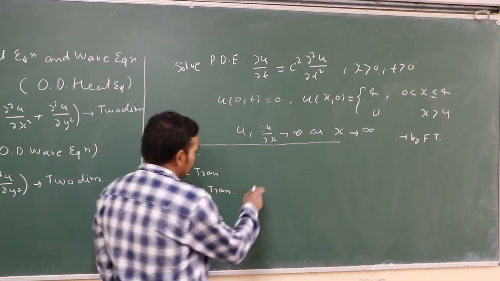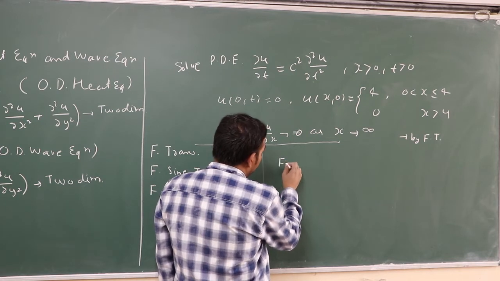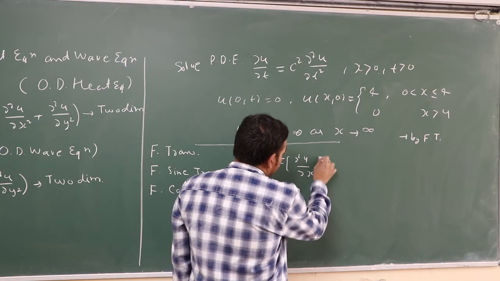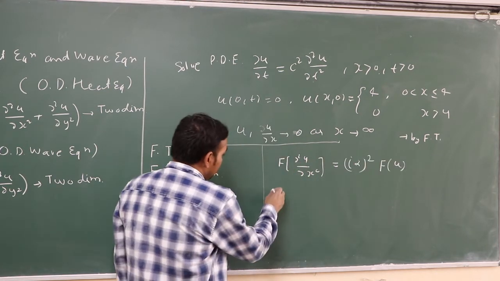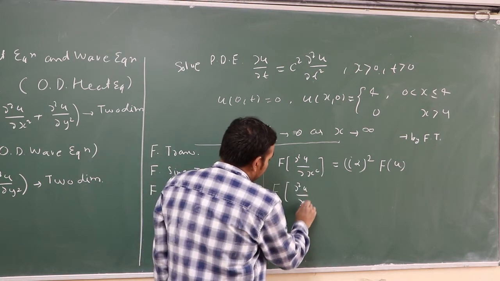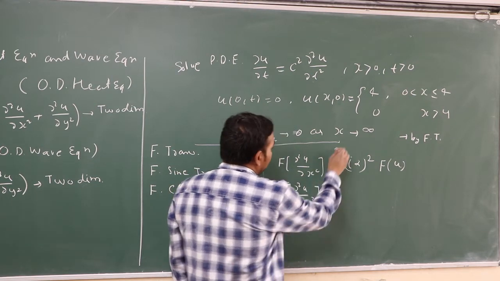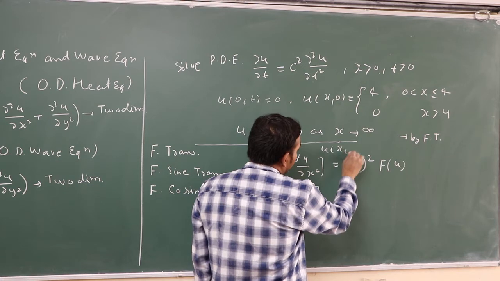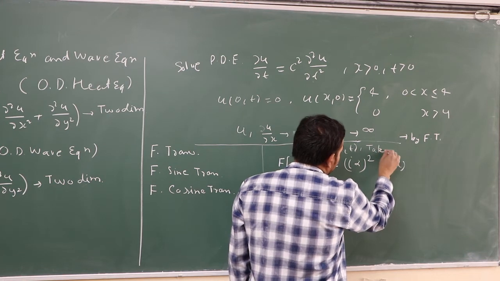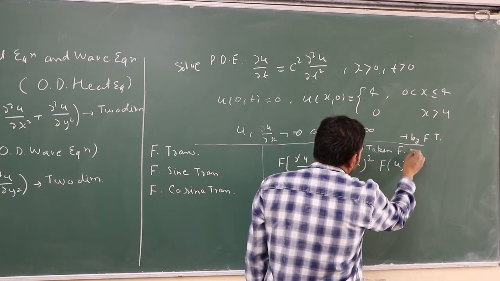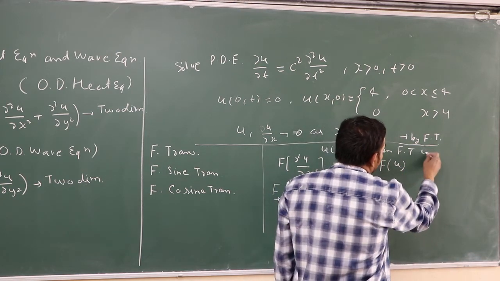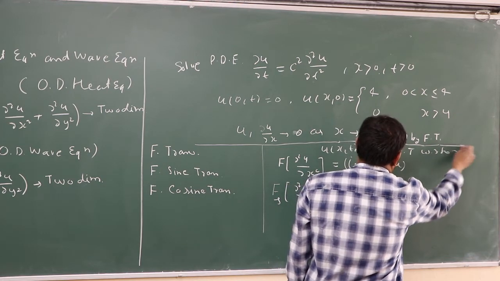As we know, the Fourier transform of del square u upon del x square, and also the Fourier sine transform of del square u upon del x square, where u is a function of x and t, are taken with respect to x.